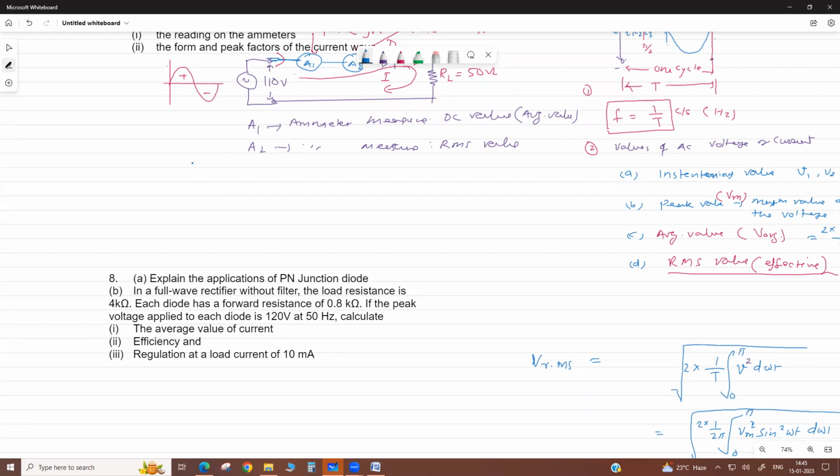First we calculate the peak value of the supply voltage or applied voltage, root 2 times V RMS.